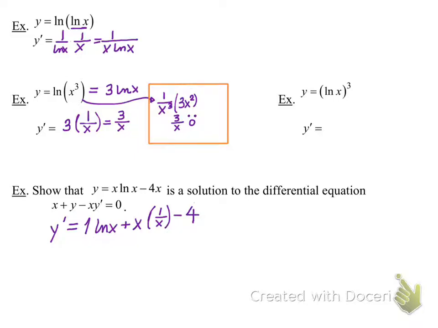Once we've done that little tiny piece, we are going to replace y with its value and y prime with its value. So again, we're trying to verify that this particular equation works.